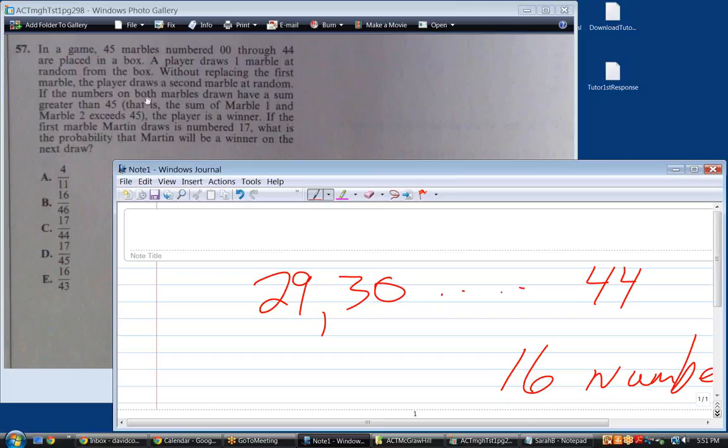Had he replaced it, he'd be drawing from 45. So it's 16 divided by 44, which is equal to which of those answers? B. That's 16 over 44. Okay. Yeah, just divide top and bottom by 4.